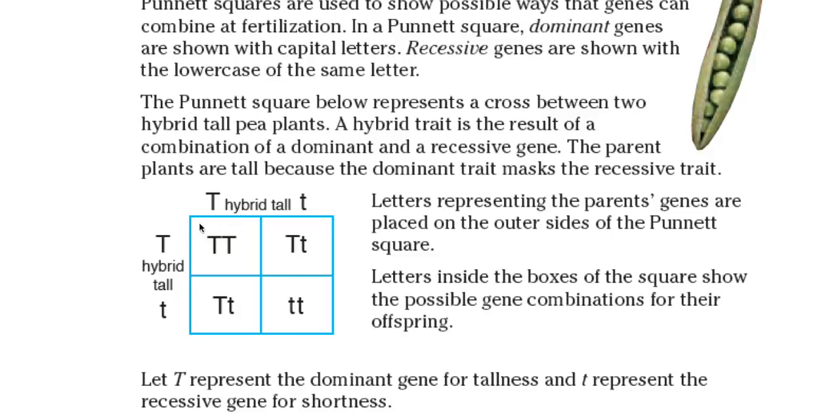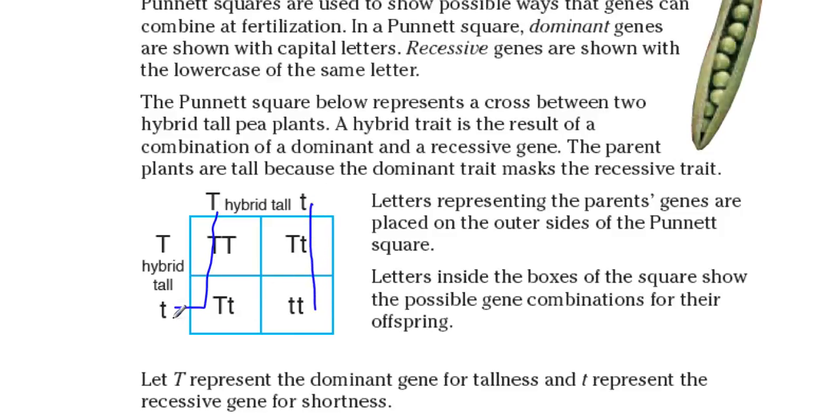If you look at the Punnett square, it clearly shows that if you have two tall alleles, the combination would be capital T, capital T. When you have capital T, lowercase t, you'll have this combination, and when you have lowercase t and capital T, you'll have this combination, capital T, lowercase t.